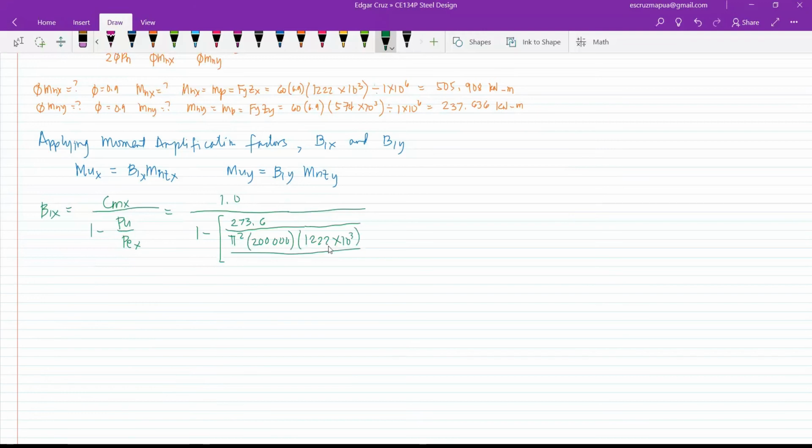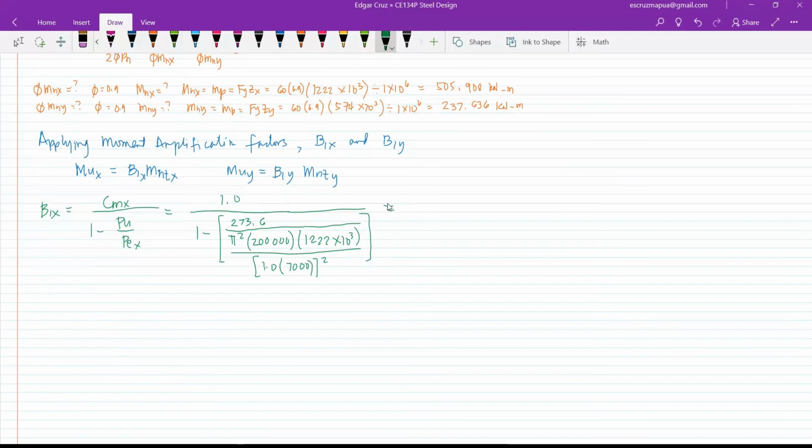All over, again, PX, ano yung PE? Pi square EI over L square. L is the effective length, so 1.0 times the length is 7 meters. Effective length square. Ayan, so yan, di bali ang lalabas na B1 of X natin.